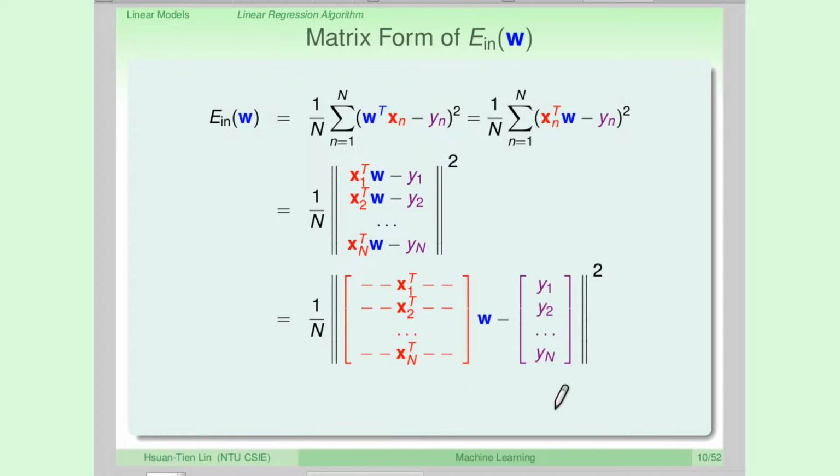So now I can put things in a cleaner way, saying the inner part is just the X matrix with all the input vectors as its rows, multiplied by w, the hyperplane I'm interested in, minus the y vector that's within my data as well, and then taking this vector squared, that's the E-in that I want to get, of course, divided by N. And you can check the dimensions of those matrices and vectors to make sure that we are on the right track.